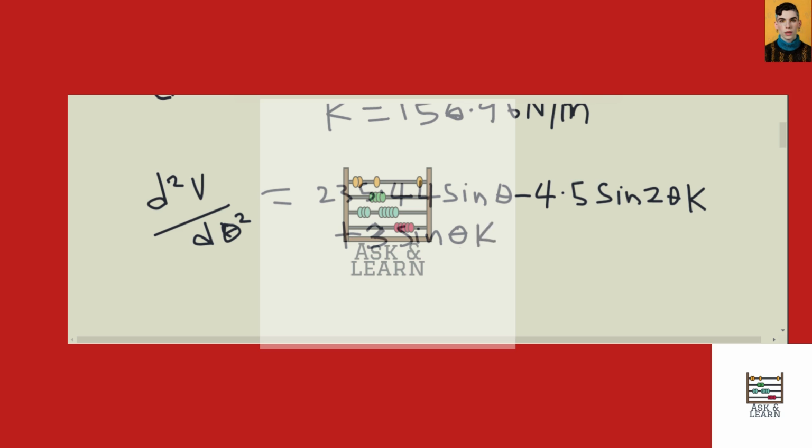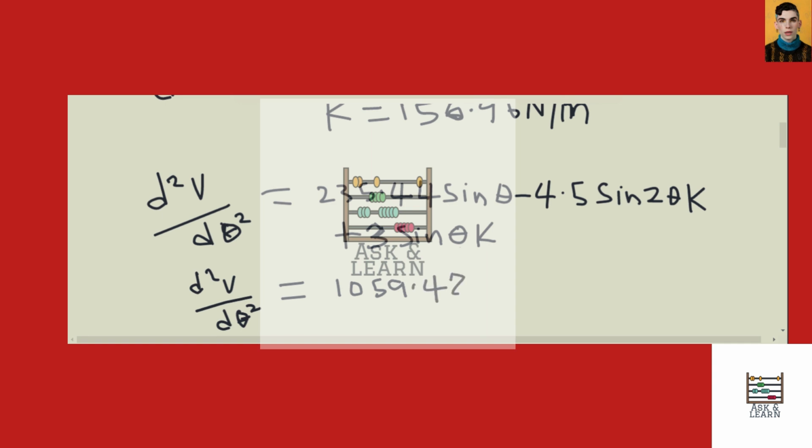If we put in the value of k and theta, the constant of the spring, the stiffness of the spring rather, we are going to arrive at 1059.48.